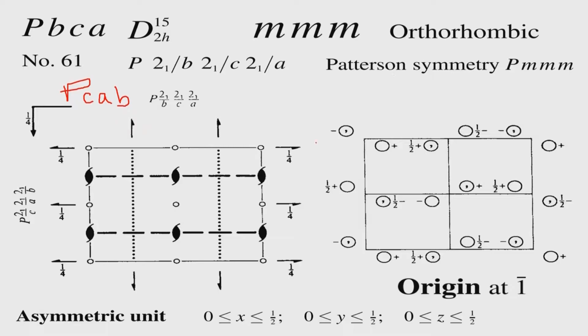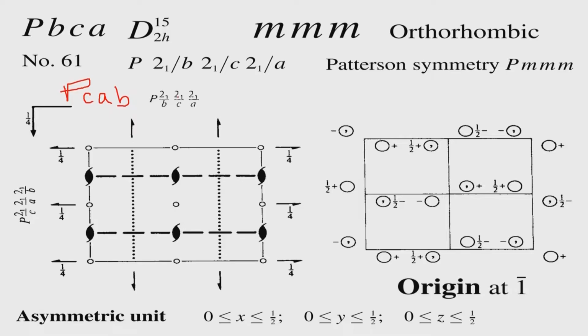The answer is inherent in this definition, the way in which we now invoke the presence of the glide planes. So PBCA is a commonly represented space group which refers to the A, B and C axes. Now all you have done is you have taken the C axis to be B, and the A axis to be C, and of course the B axis to be A. So since you have changed the axis directions, the glide plane directions have also changed.